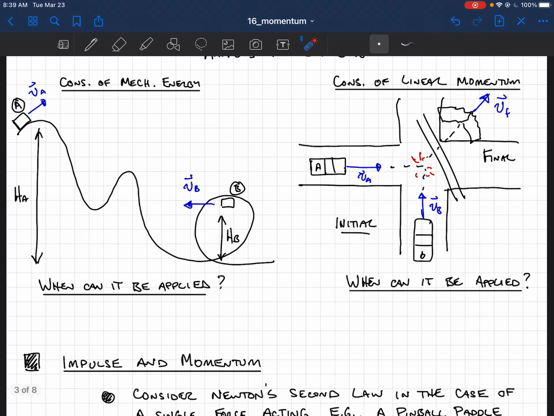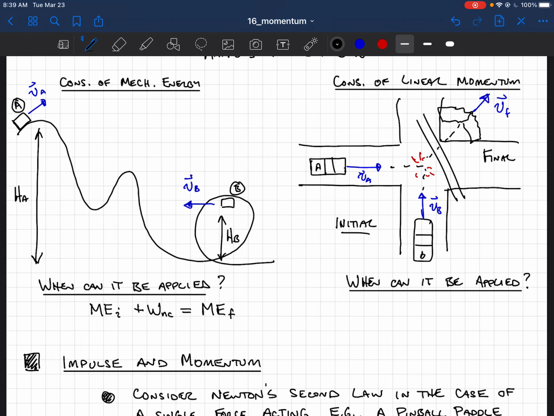It's important to talk about when these things can be applied. And we'll see exactly what that is for momentum, but I'll just tell you up front. We already understood this for conservation of mechanical energy. Our law of conservation of energy was that the initial mechanical energy plus the work done by non-conservative forces was equal to the final mechanical energy.